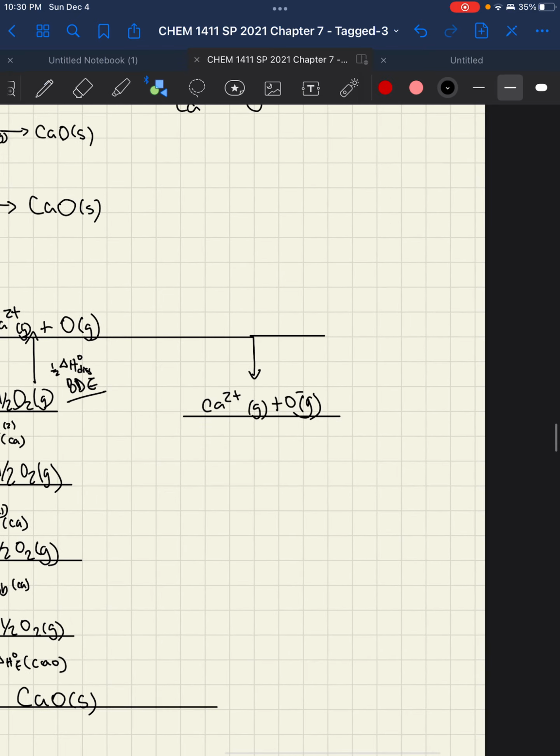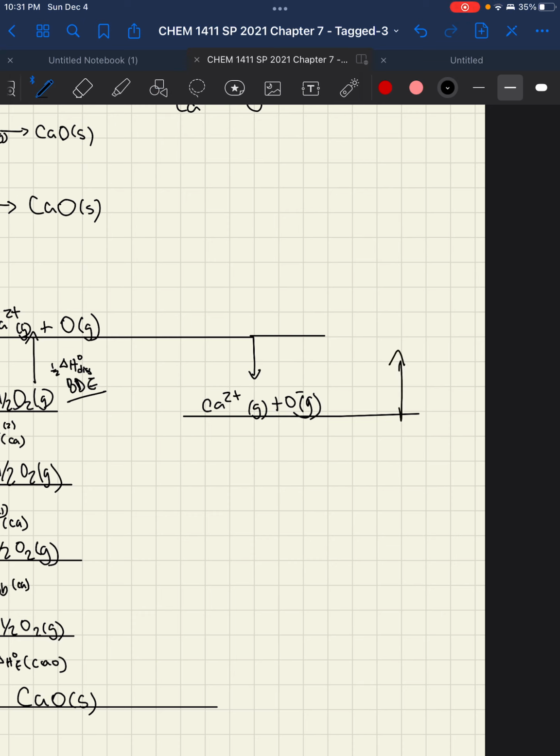But it has to be noted that the second electron affinity procedure for oxygen is going to be endothermic. So why would that be?